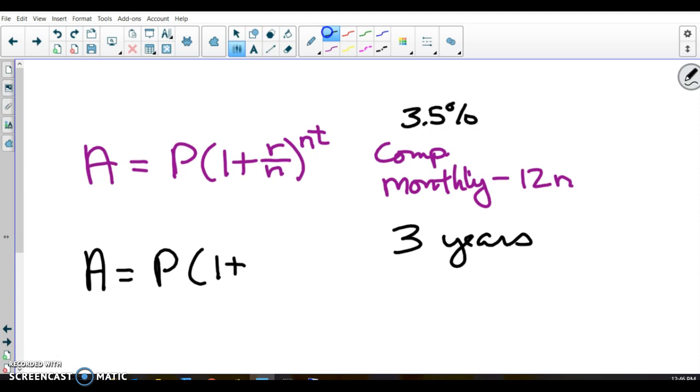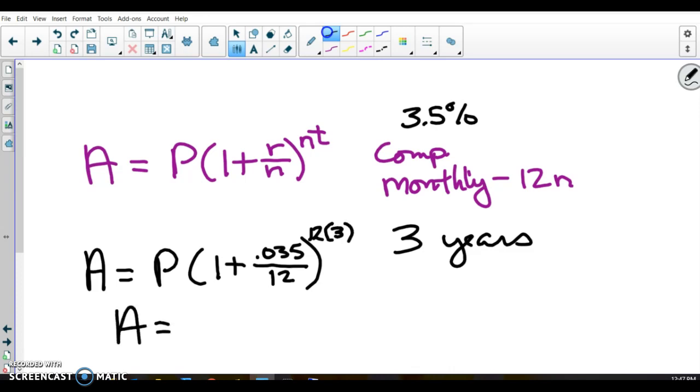3.5%. We're going to put our rate and our number of compounded times as a fraction. That rate is a decimal, 3.5%, 0.035, over the number of times that we're going to compound, which is 12. And we need to raise that to the n, again, the number of times compounded times the number of years.